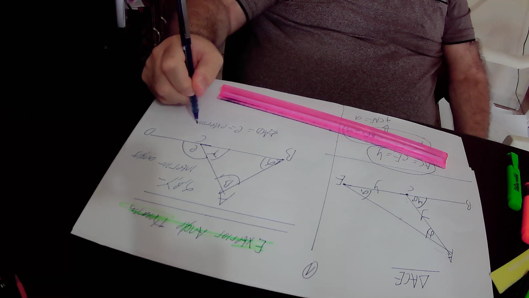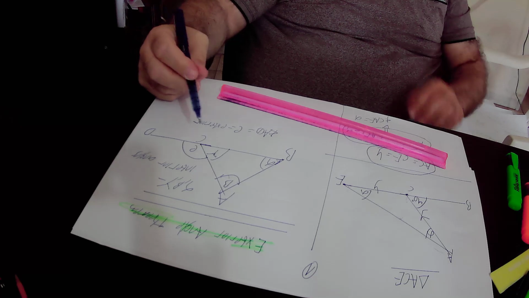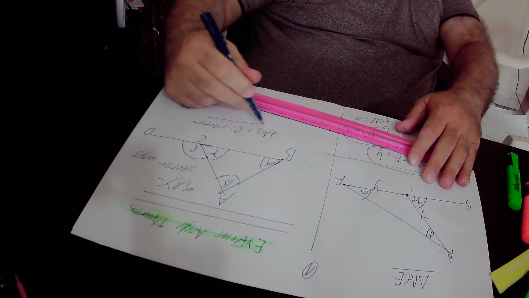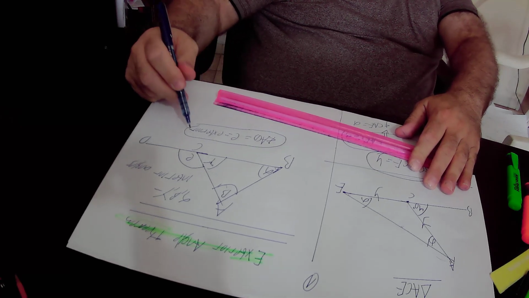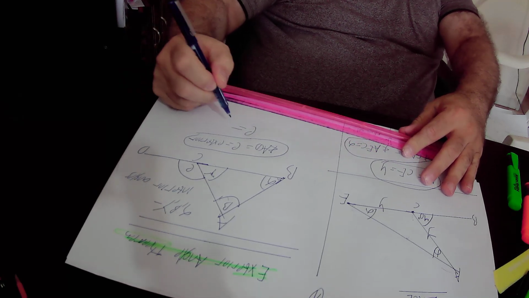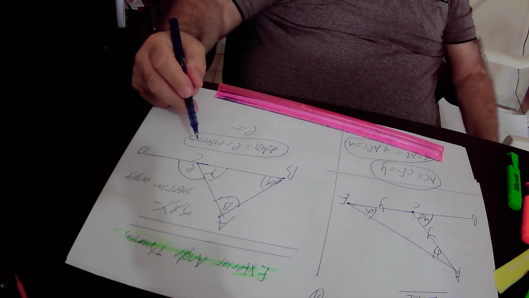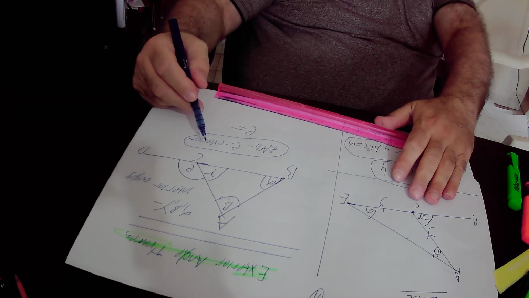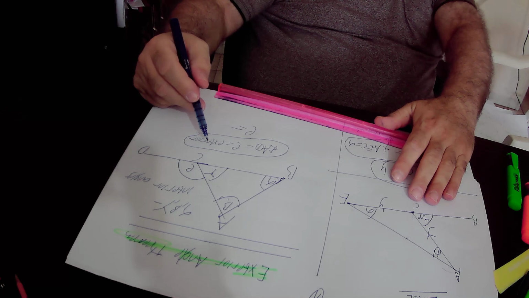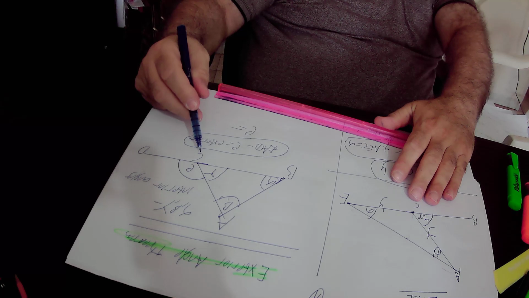Why? Because it is located outside triangle ABC. So what is the size of the exterior angle, angle E? According to the exterior angle theorem, it is equal to the sum of the two interior angles that are not adjacent to it.